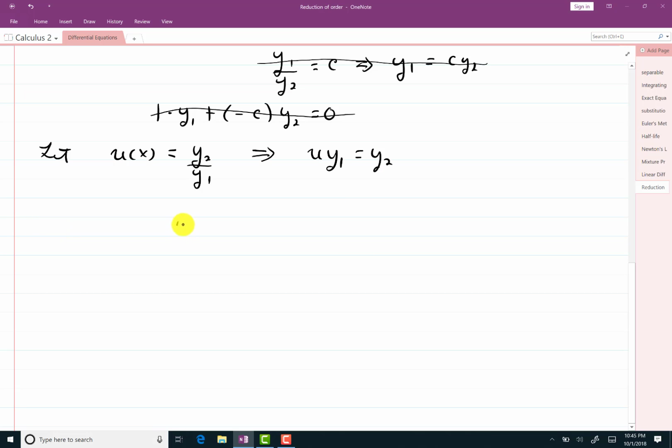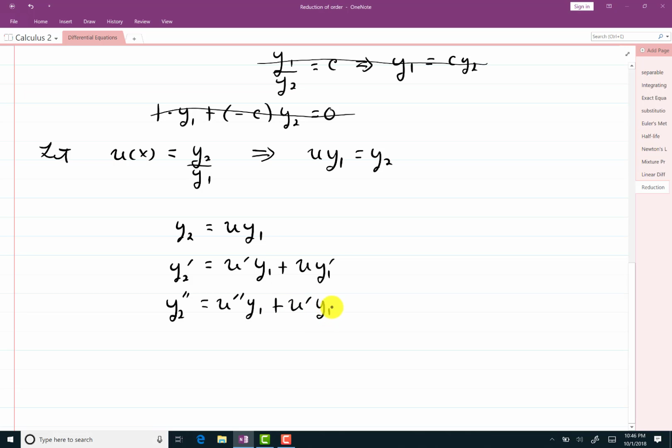So let's just do it. y2 equals u y1, y2 prime equals u prime y1 plus u y1 prime, and then y2 double prime. Since I'm going to have to plug all these things into the differential equation, I have to use a product rule on these pieces and a product rule on these pieces. So starting with the product rule for u prime y1, we'll have u double prime y1 plus u prime y1 prime.